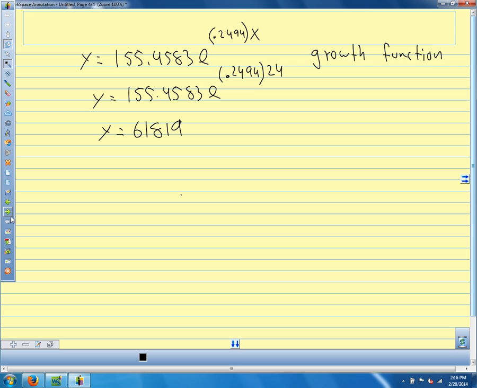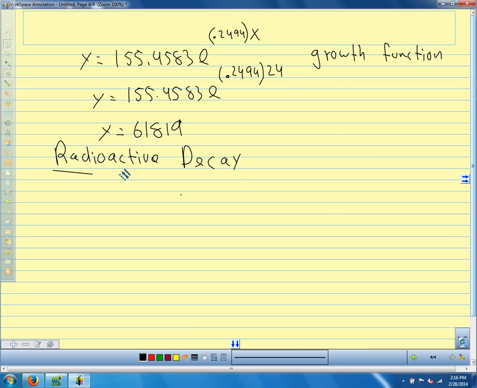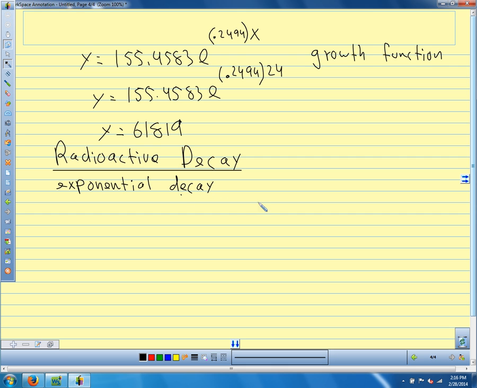All right, radioactive decay. Radioactive decay is an exponential decay model. So we have y equals a e to the bt.